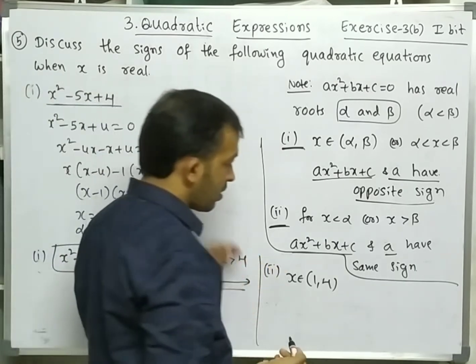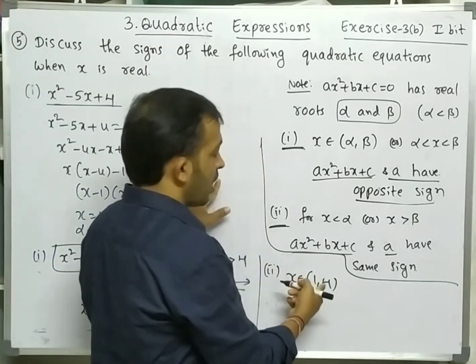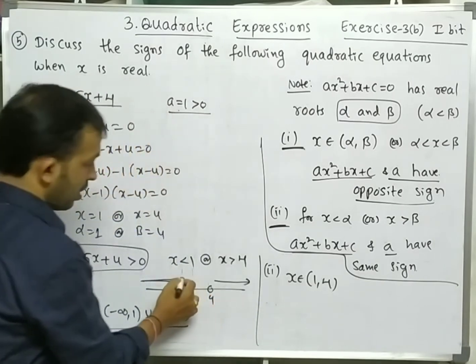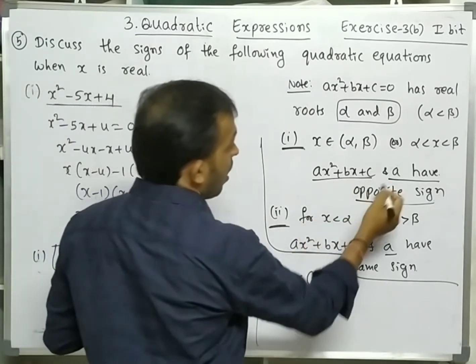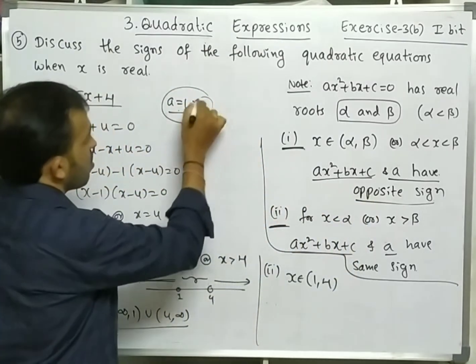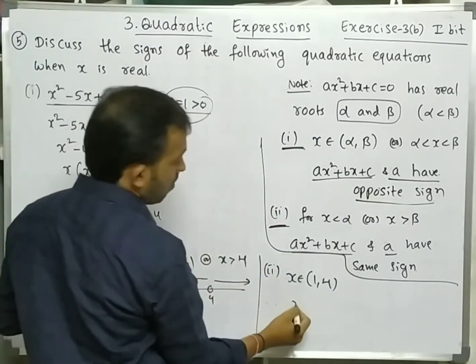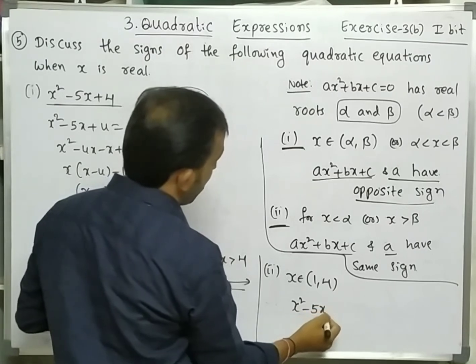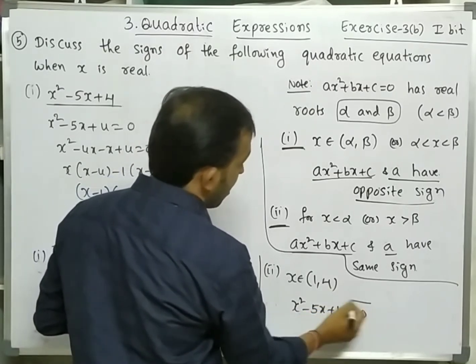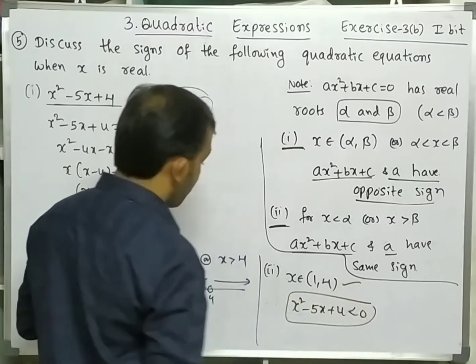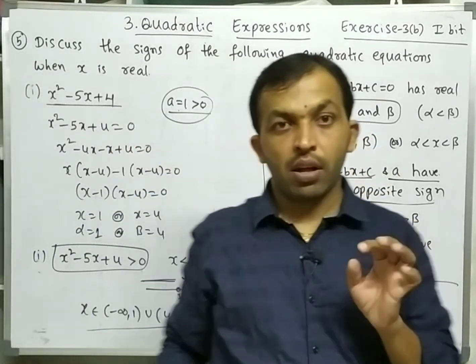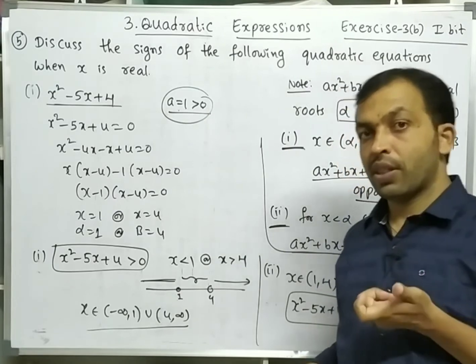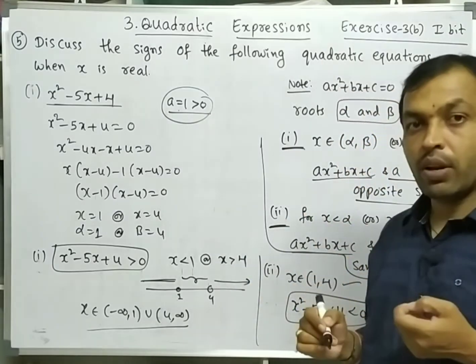So here the direction will be changed. So for x in between 1 and 4, in this region the quadratic expression has the opposite sign: here this is positive, so this should be negative. That means x square minus 5x plus 4 is negative in this interval. Okay, so these are the properties which I explained in the previous session. Go through that video also.